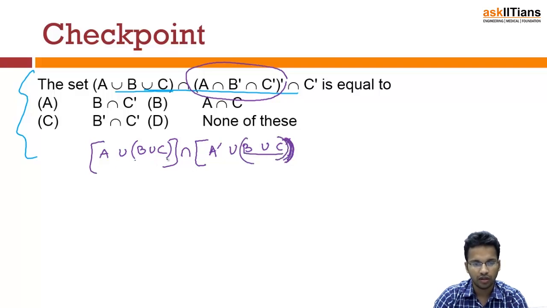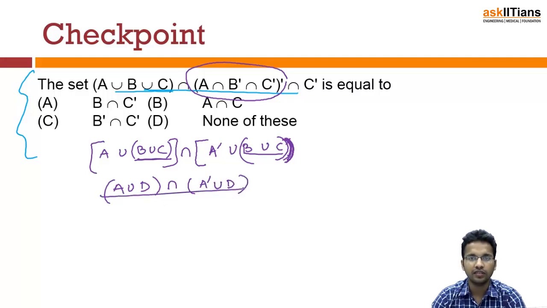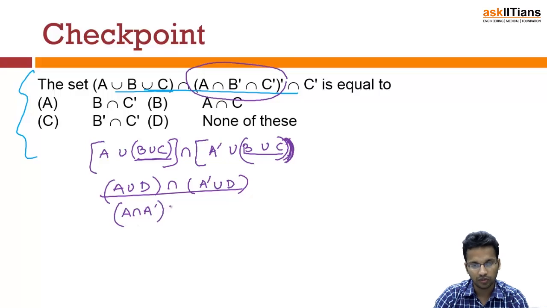If you see here, if I say this A union B union C as D, intersection A complement union D. So can we see this as a distributive property where we can say that this is basically nothing but A intersection A complement union D.